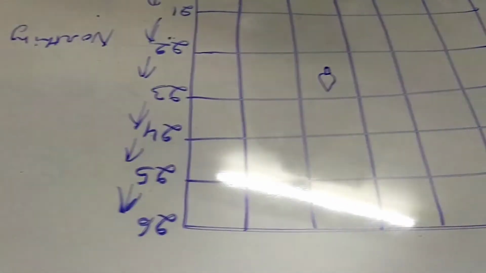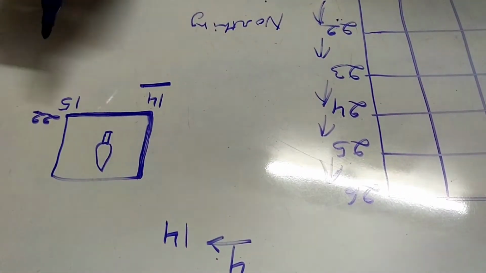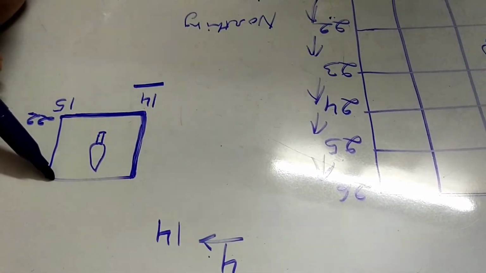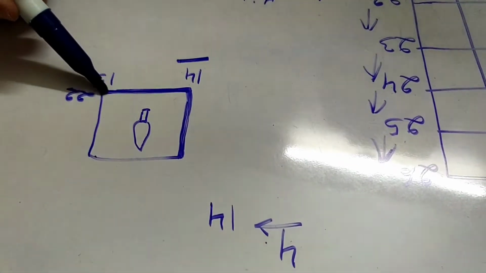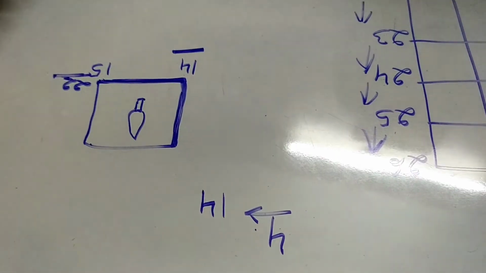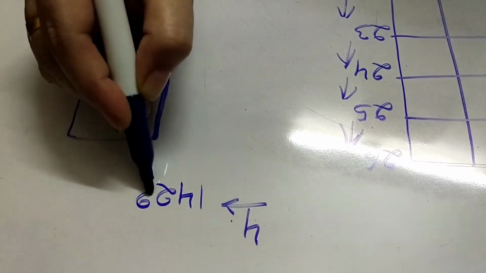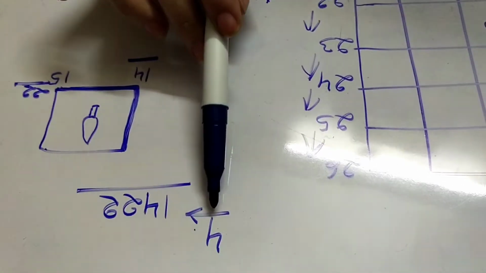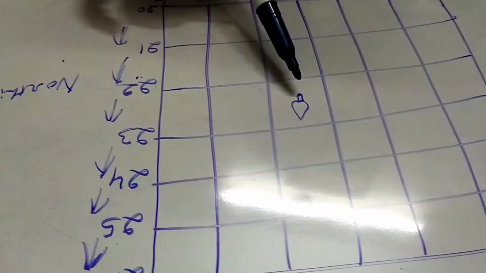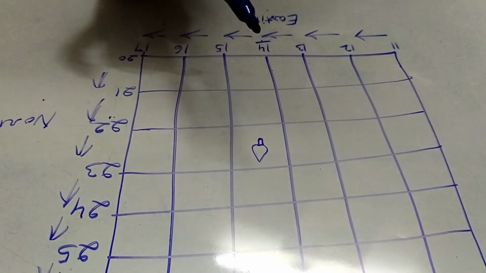As you can see here, it is written 22. We are not going to take this point. We are going to take the starting point or the bottom line. It is written 22. So we write 22. So 1422 is our 4-figure grid reference of this survey tree.